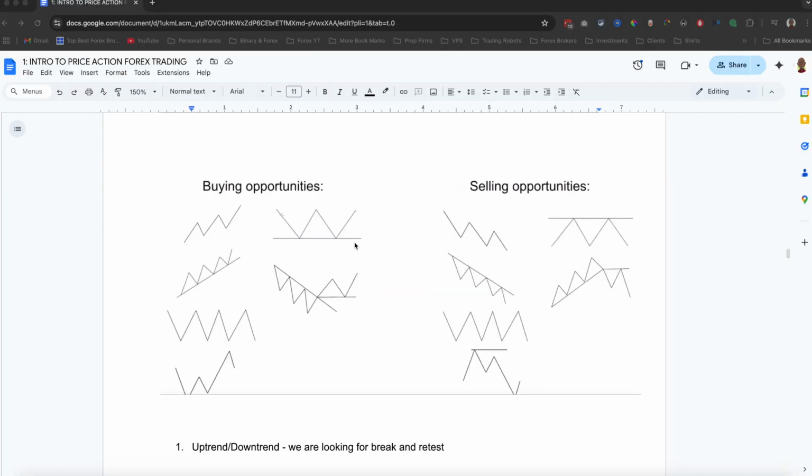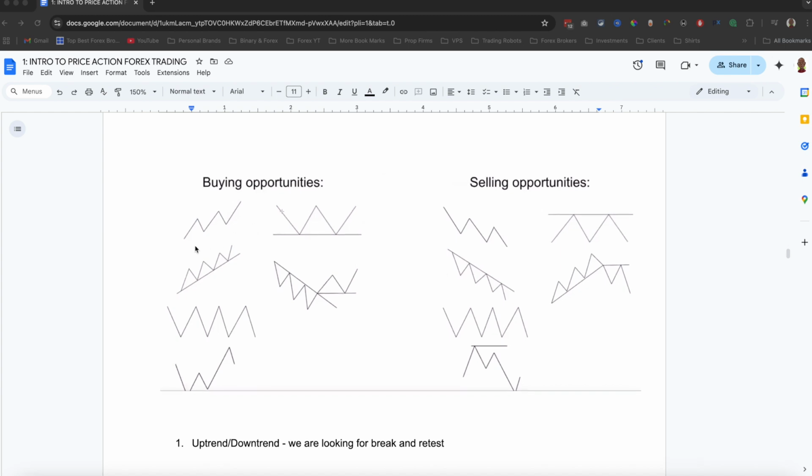So these are the patterns that we have seen so far in this price action video. This is an uptrend, this is a downtrend. Each and every pattern has its own upward and downward alternative, right?